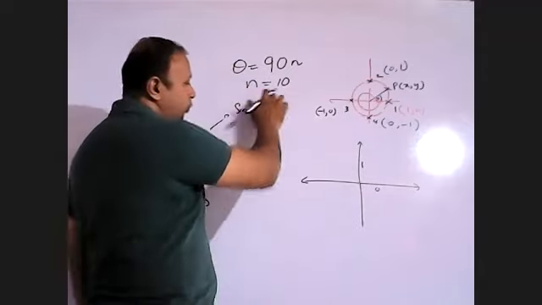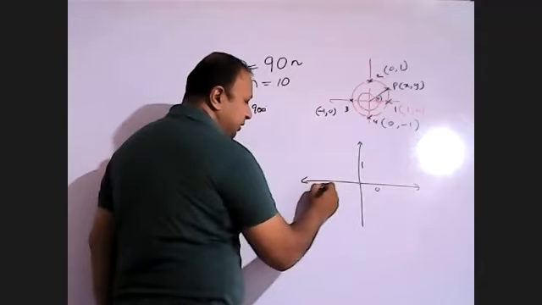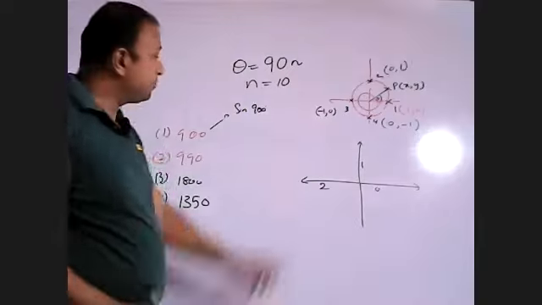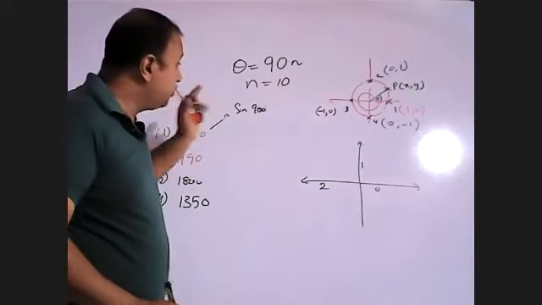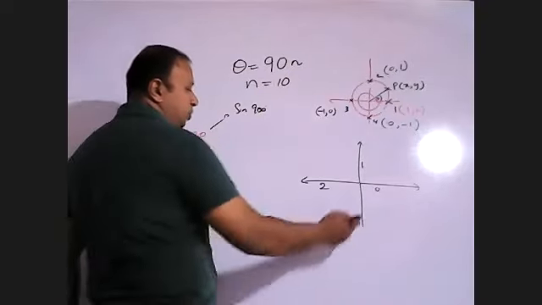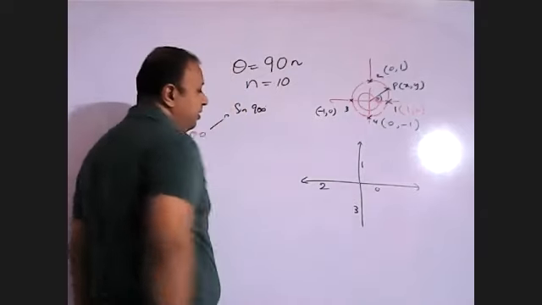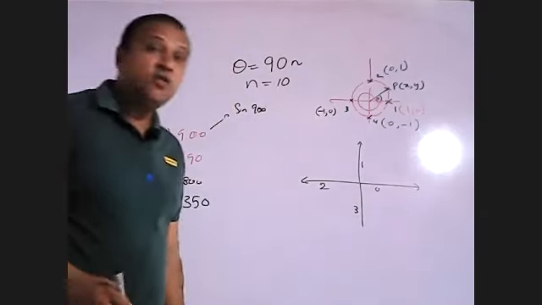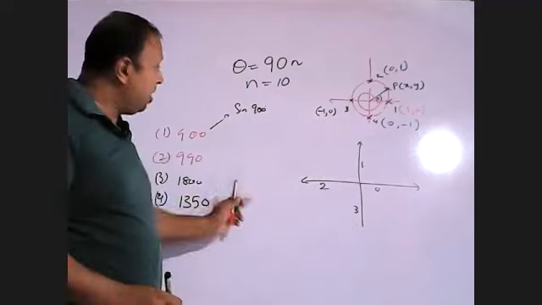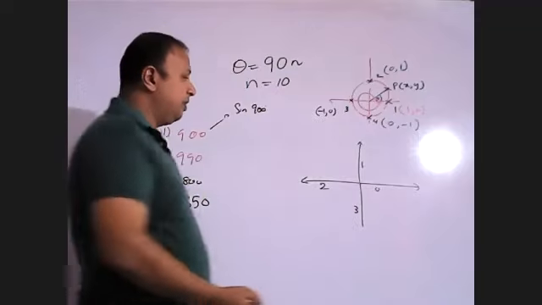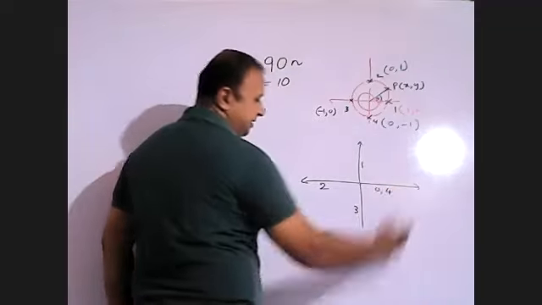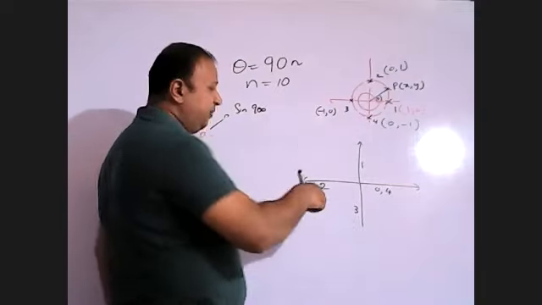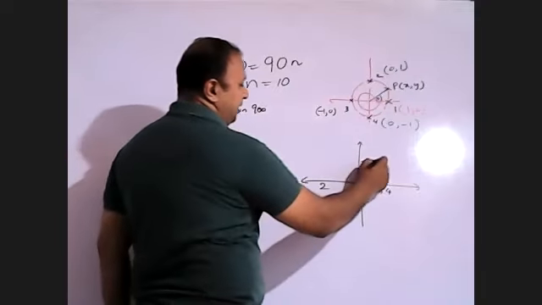If n is equal to 2, it is related to the negative side of x. If n is equal to 3, it is related to the negative side of y-axis. If n is equal to 4, then again it is here. If n is equal to 5, then here.